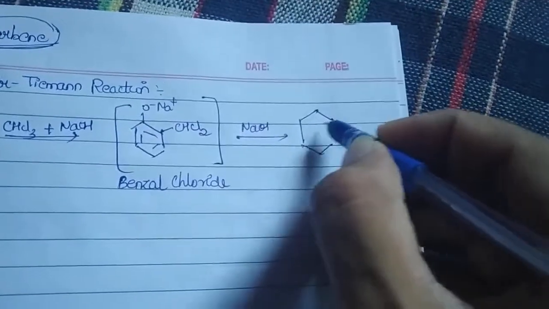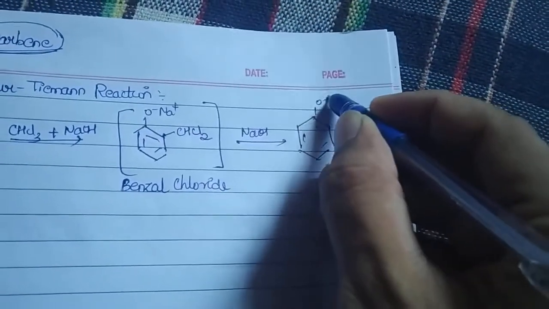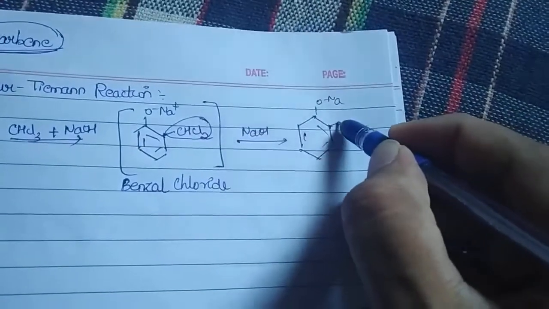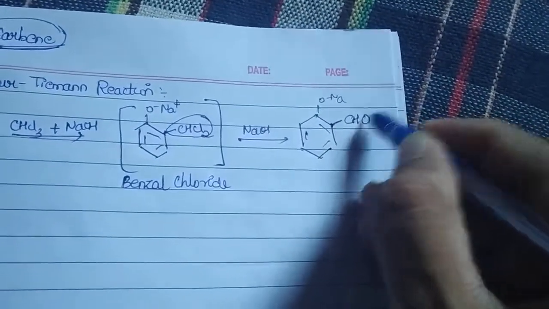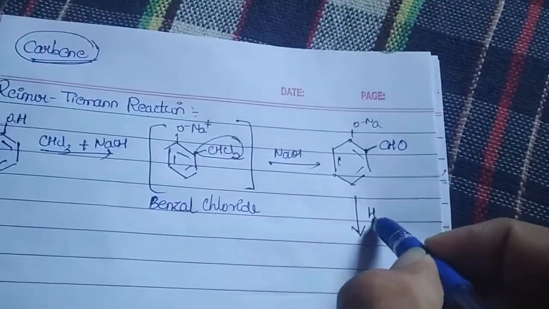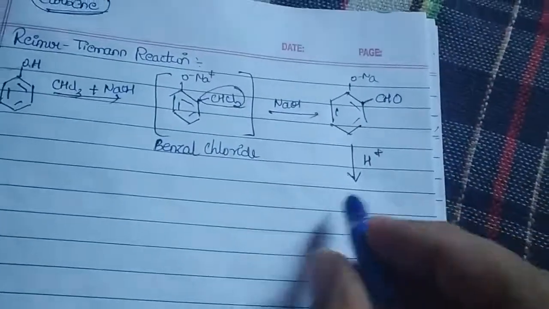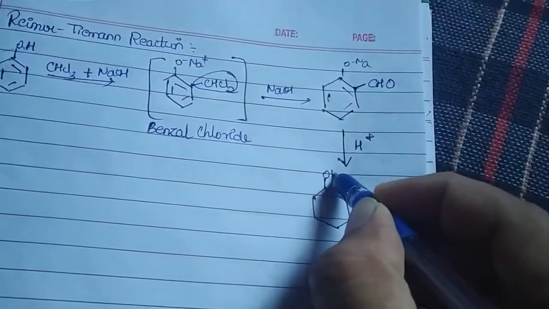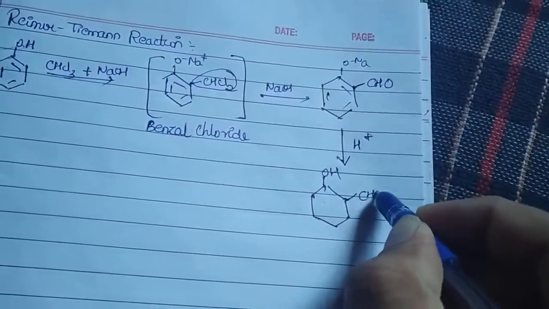Once again, treating this with an alkali, that is NaOH, what happens? Here you will have O minus Na plus as it is, but this CHCl2 will be converted to the aldehyde. Then upon acidification we will get a compound called salicylaldehyde.